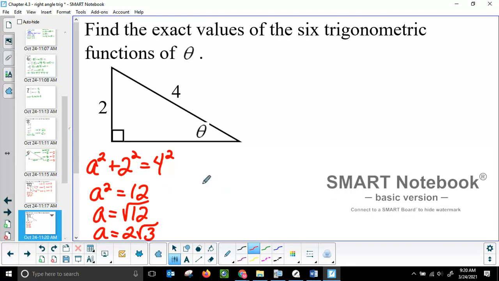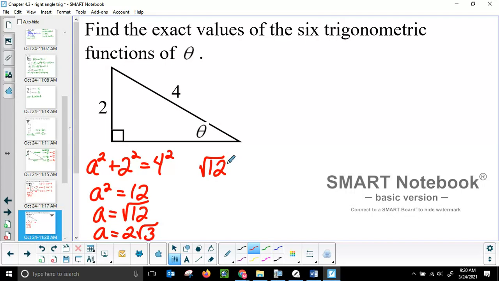In order to simplify a radical, for instance, if we have the square root of 12, and for this case we'll only keep it to square roots since that's primarily what we deal with, if there is a perfect square that goes evenly into 12, well, what are our perfect squares? 2 squared is 4, 3 squared is 9, 4 squared is 16, and so on.